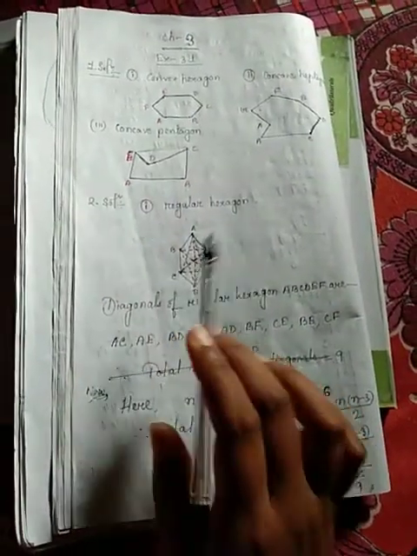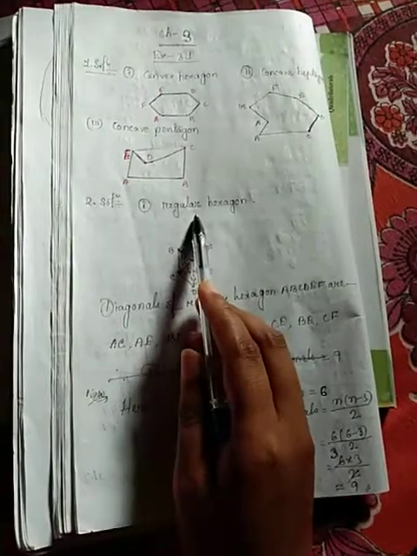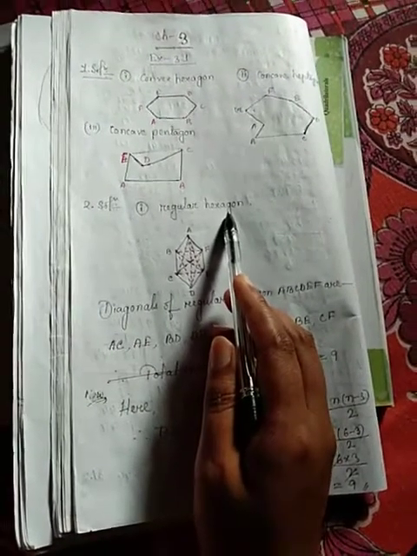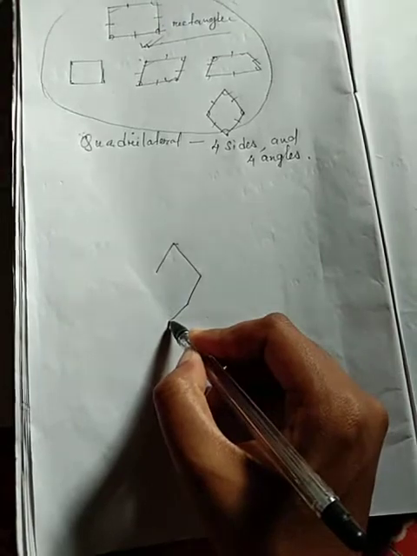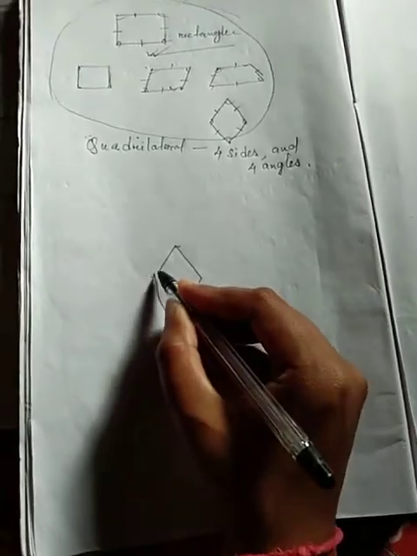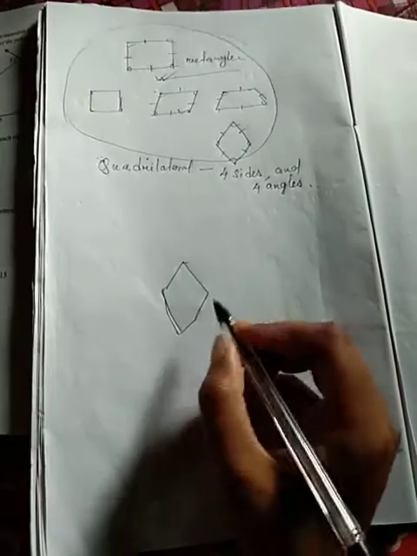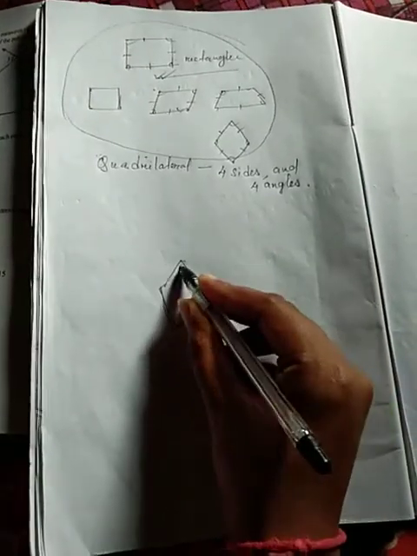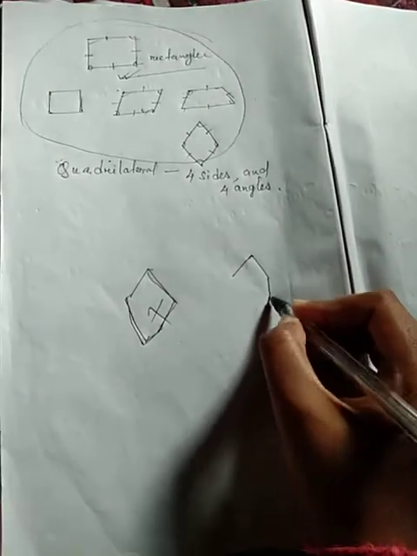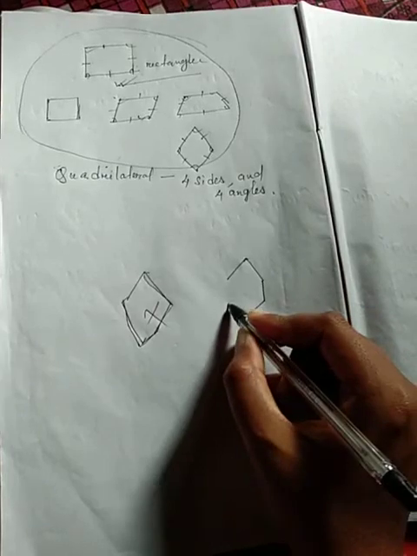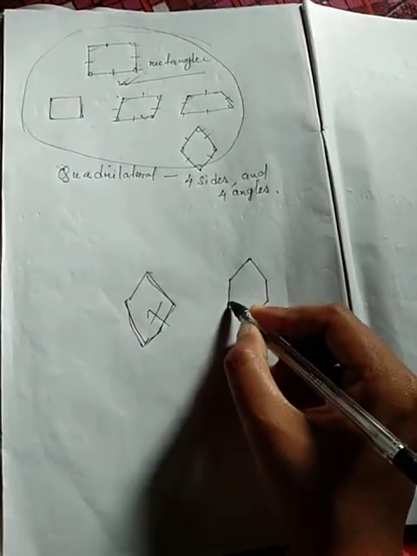So the first question is a regular hexagon. So I draw a regular hexagon. Regular means all sides are equal. A hexagon has 6 sides. 1, 2, 3, 4, 5, 6.